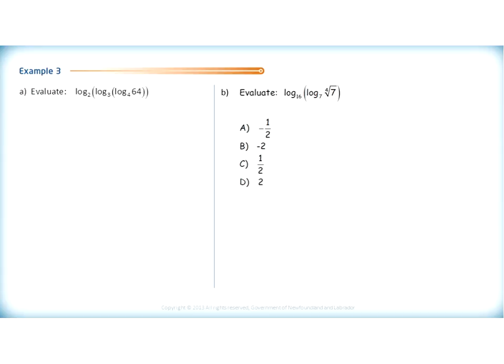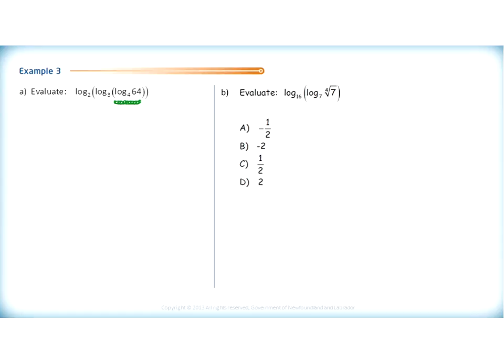In example 3, we have what are referred to as nested logarithms. So I have 2 examples here, and I will solve both of these examples using a different method. Here, I will start off with the inside part. We can evaluate the log of 64 to base 4.